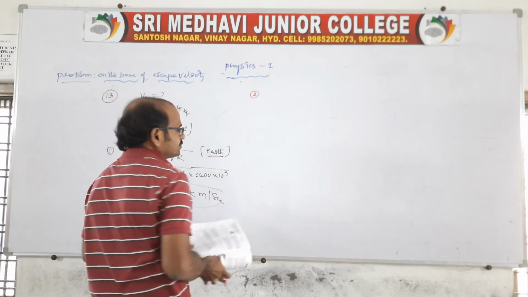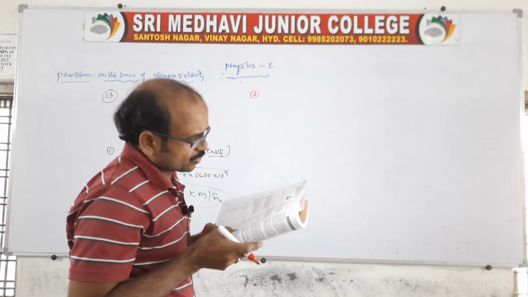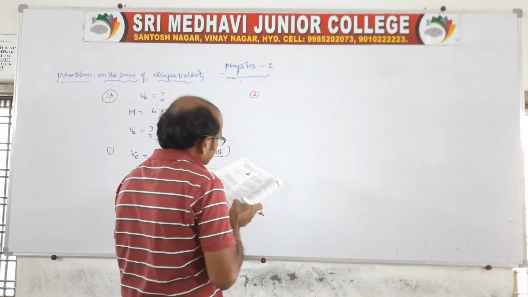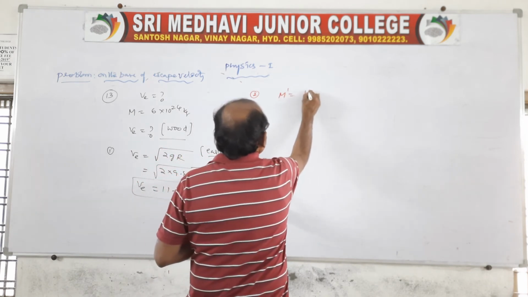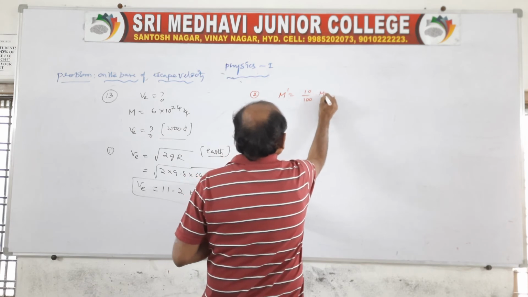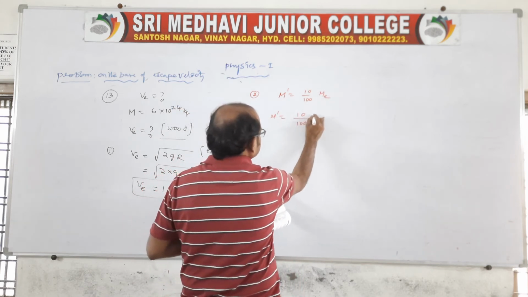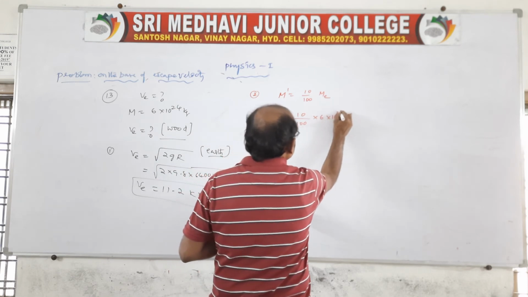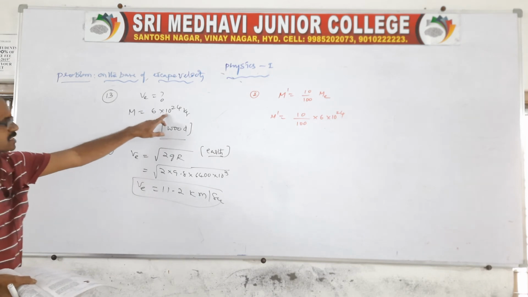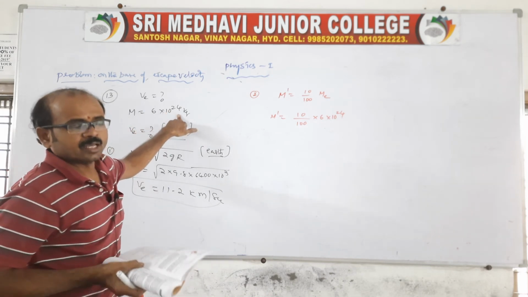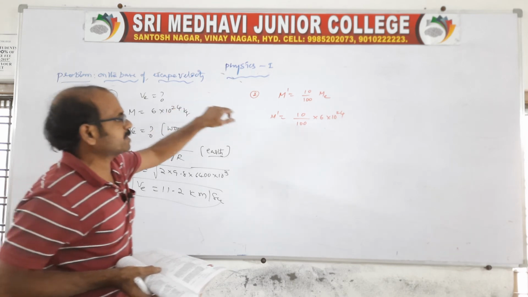Look at B. The mass of the Earth, if made of wood, is reduced by 10%. For wood you take 10 by 100 into the mass of the Earth. So M dash is equal to 10 by 100 × 6 × 10^24, because the original mass of the Earth is 6 × 10^24. But when it is made of wood, the mass is reduced by 10%.